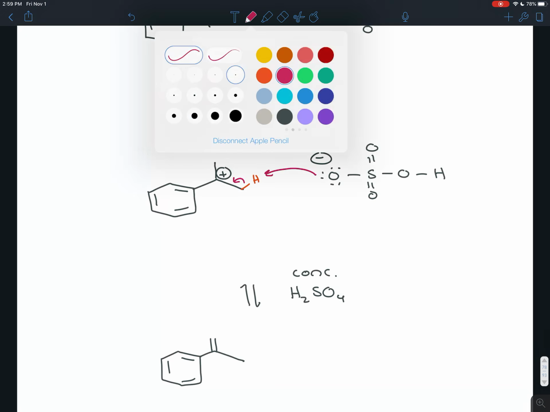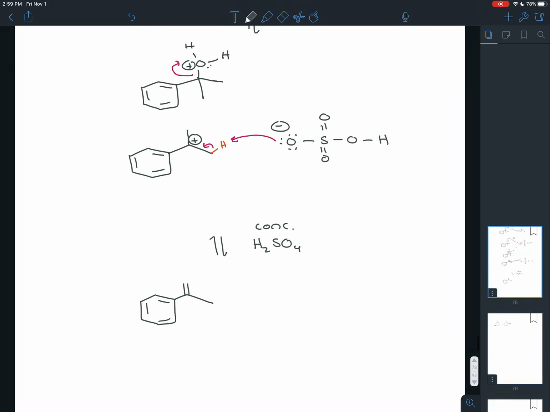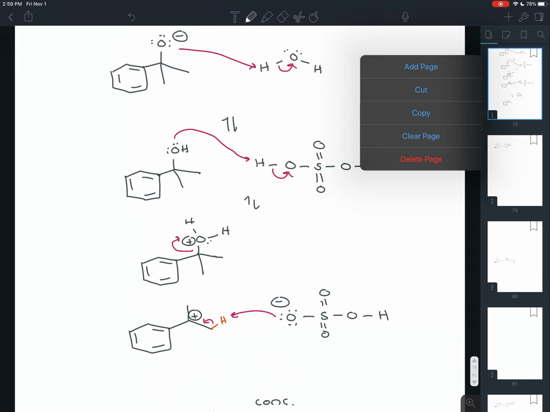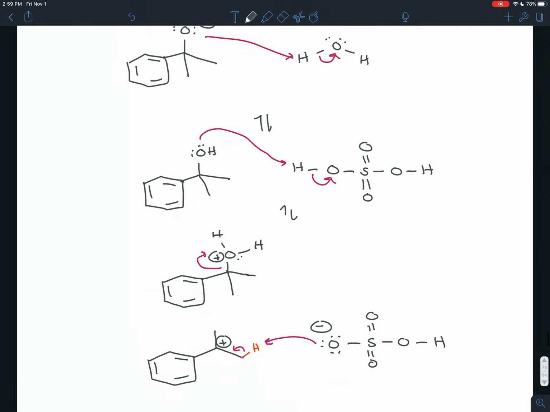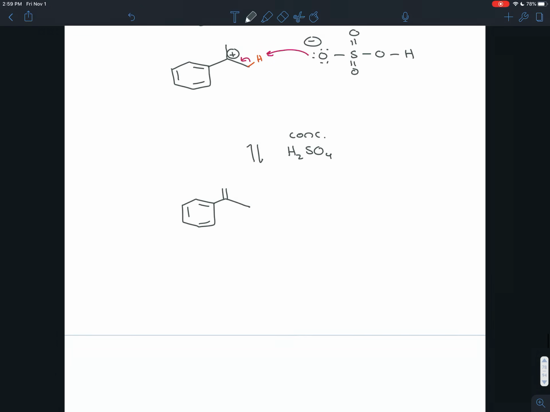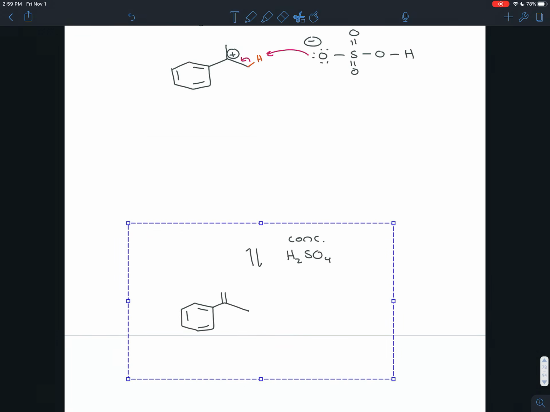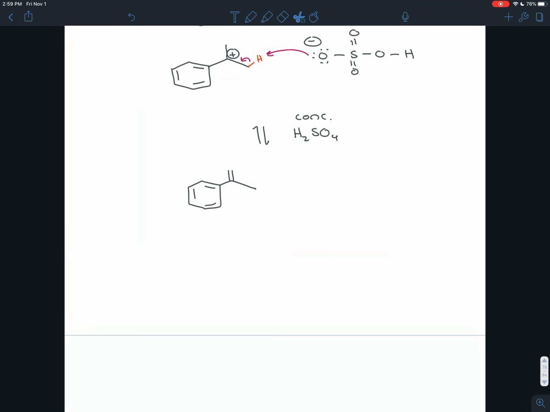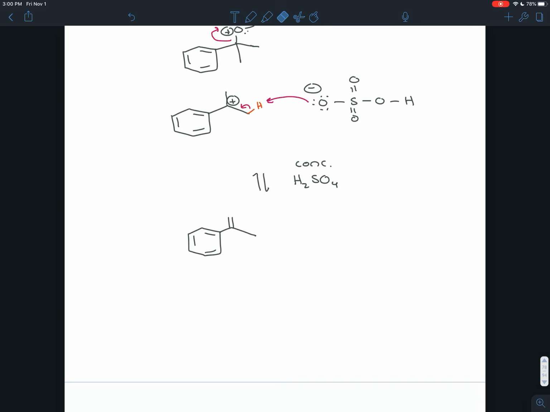Those electrons can go toward the positive charge, and you'd end up with this product that we have down here.